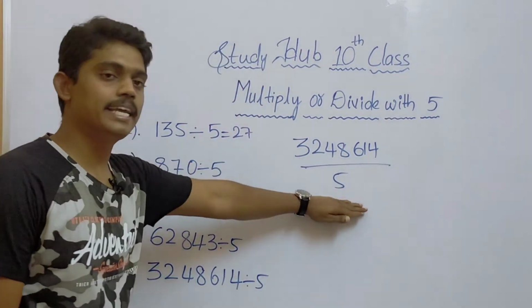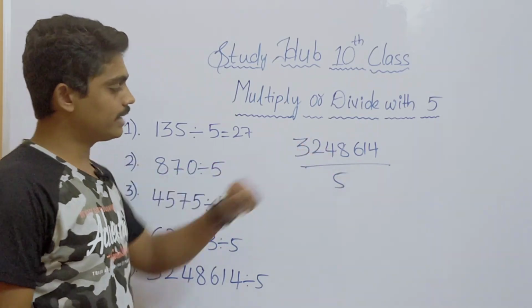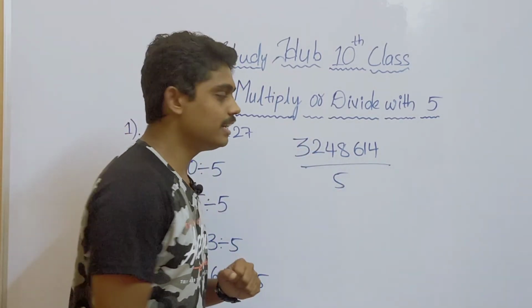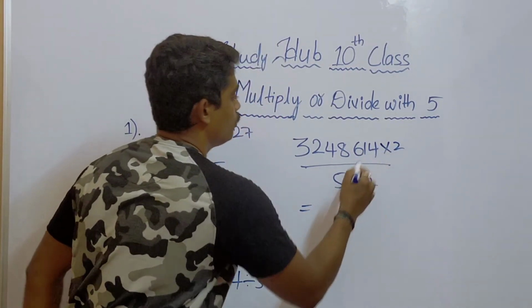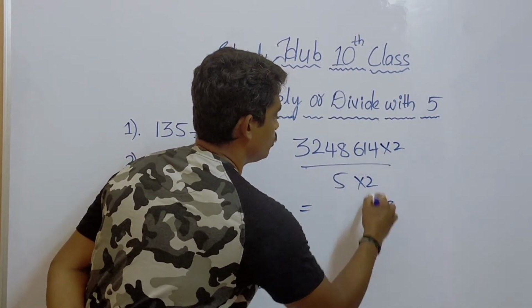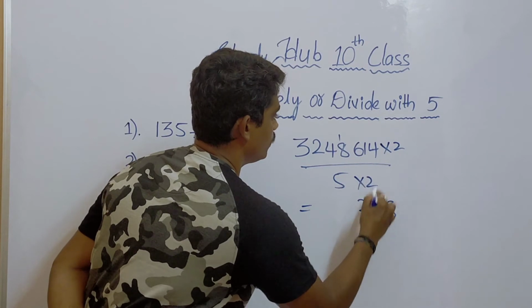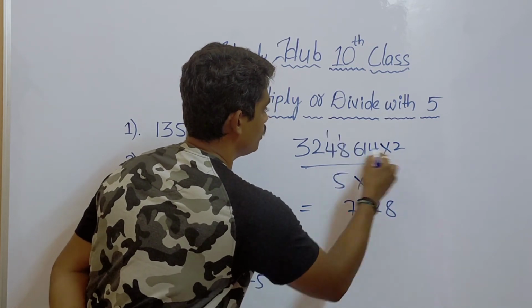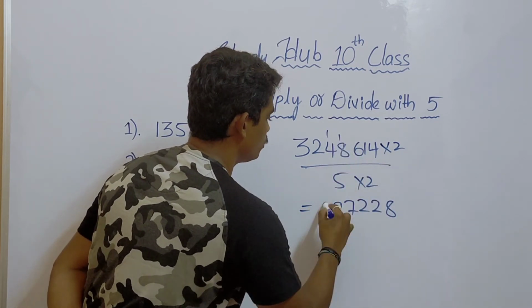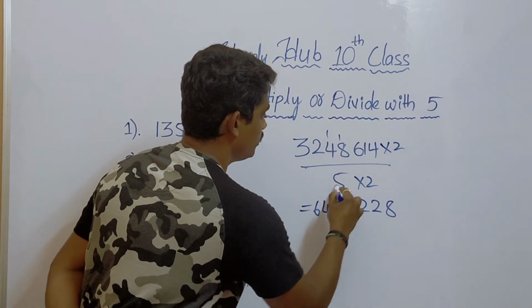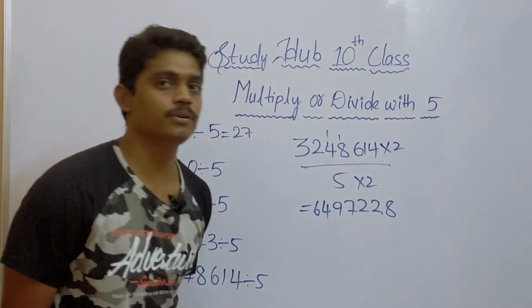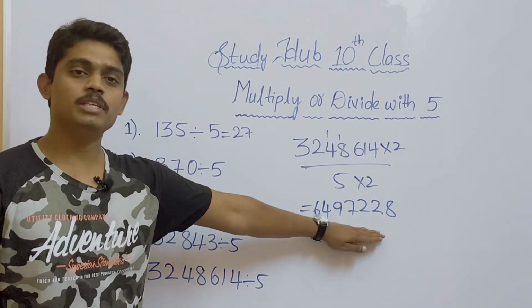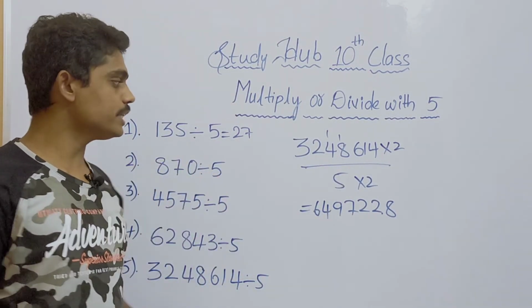I am sure it will take more than 1 minute to calculate this in a regular method, but by using our method, let us see. 2 4s are 8, 2 1s are 2, 2 6s are 12, 2 8s are 16 plus 1, 17, 2 4s are 8 plus 1, 9, 2 2s are 4, 2 3s are 6, 5 2s are 10. As we have 10 in the denominator, we put a decimal before the last digit. So it can be solved in a few seconds.